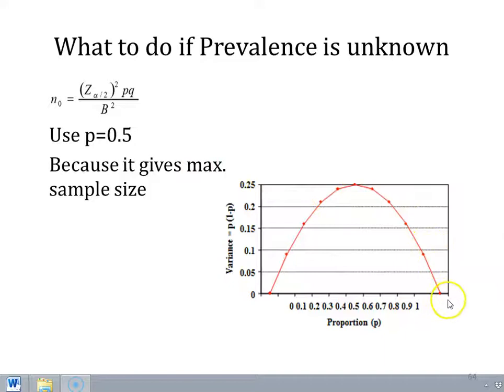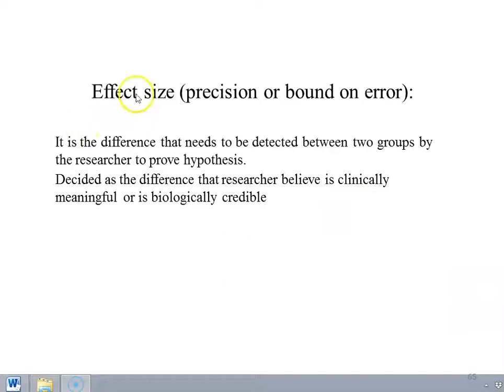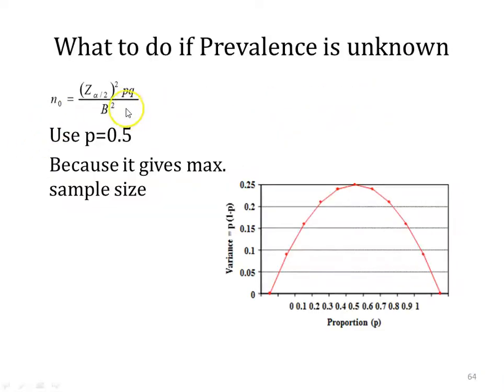And the farther it is away from the central value of proportion, the lower will be the variance on both sides. Then there is a term called effect size, also called precision or bound and error. Okay, so you can see this denominator B, bound and error.